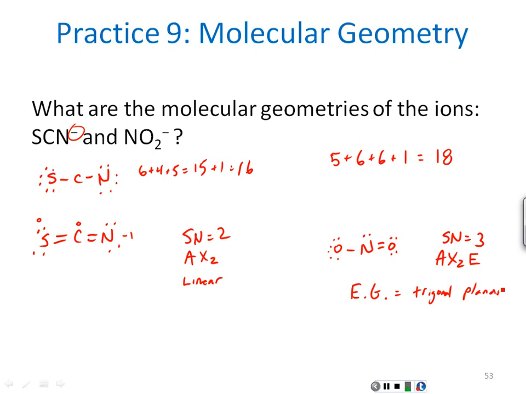And finally, what's the molecular geometry? It's a trigonal planar electron geometry, but one of those is a lone pair. So if we draw a shape of the molecular geometry, what we'd get is a bent molecular geometry.